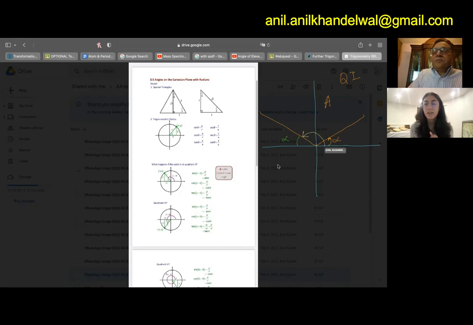It would be pi minus alpha, right? Now the principal angle for this arm is pi minus alpha. So the position here is P with coordinate point X and Y. The position here has changed to P dash with coordinate point minus X and Y.